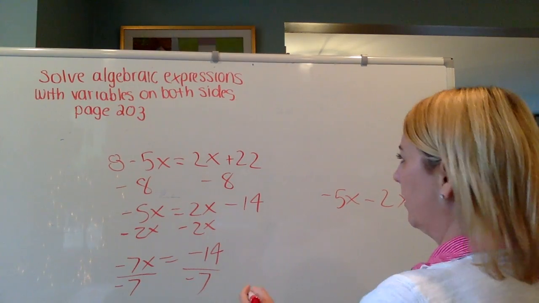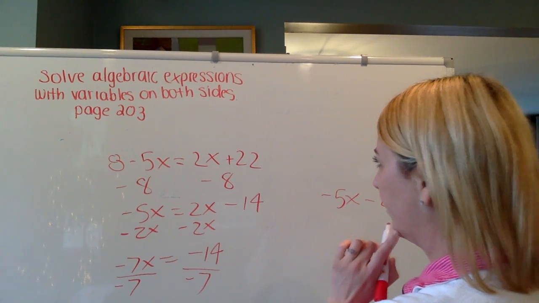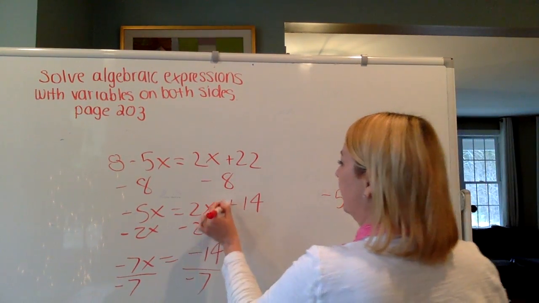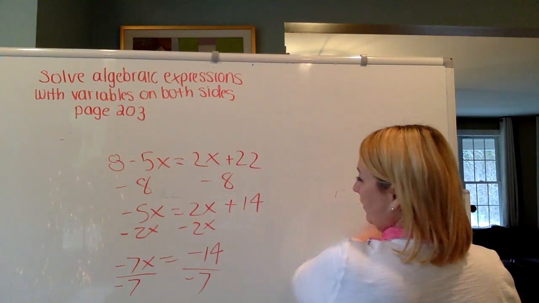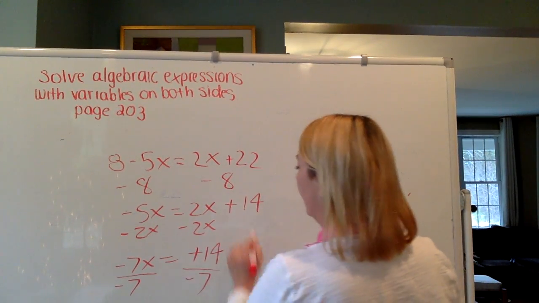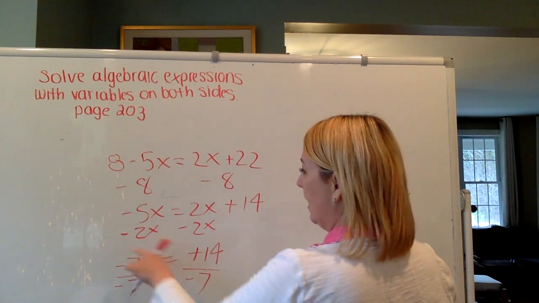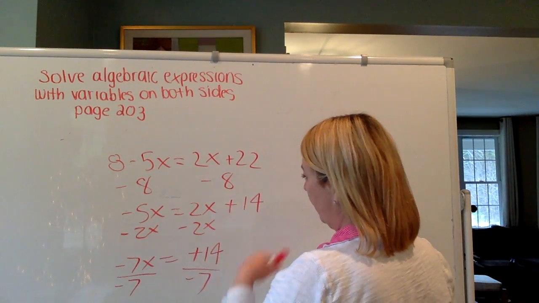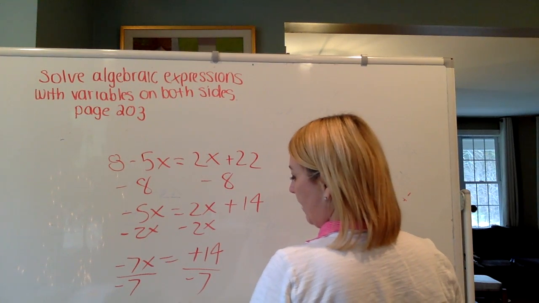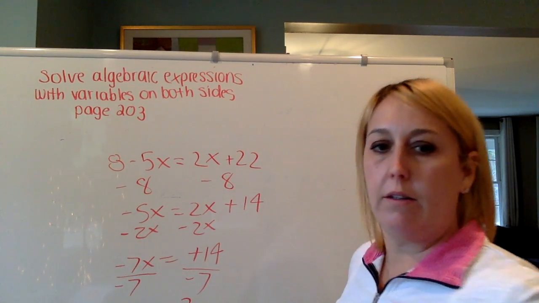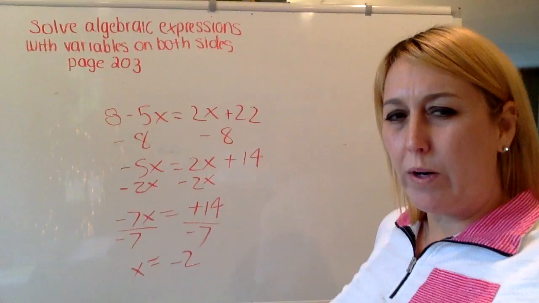Where did I make my error? Oh, right here, because it's positive 14. That would be my error right there. See how easy it is to make errors? So 22 minus 8 is positive 14. So negative 7x equals 14, and x equals negative 2.